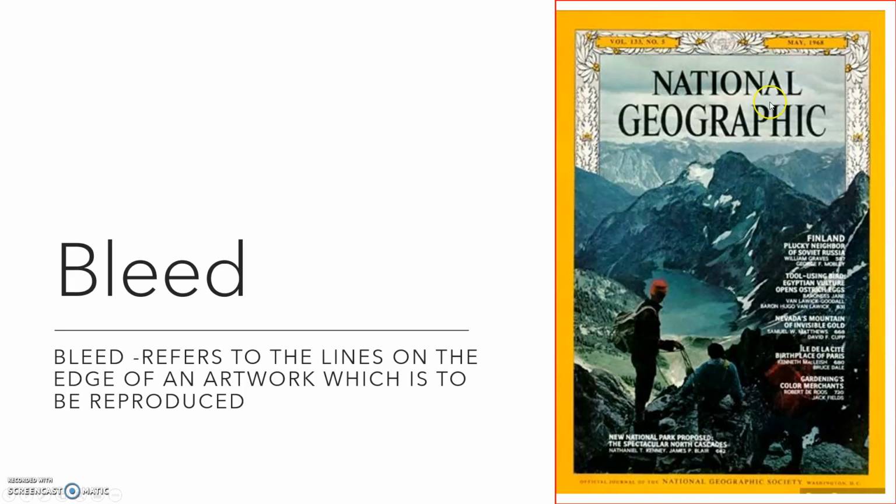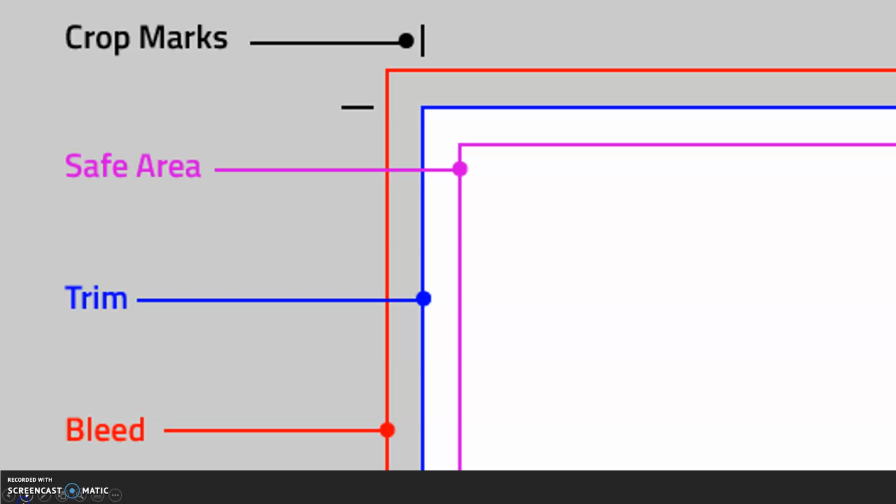And then I have this little picture just to kind of demonstrate the safe area, the trim, and the bleed. So, as I was saying earlier, we could not exceed the bleed right here.